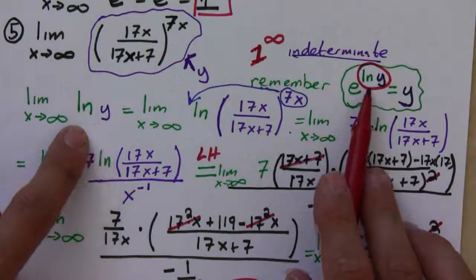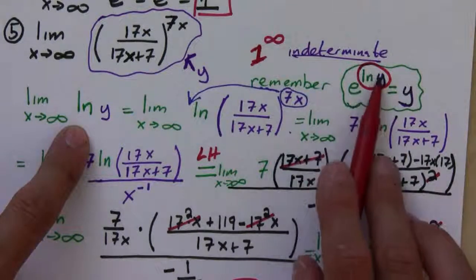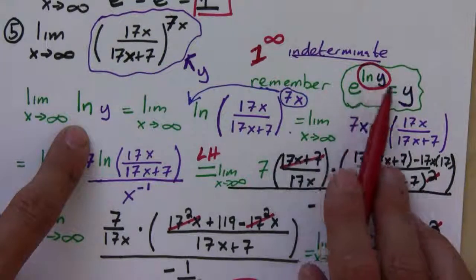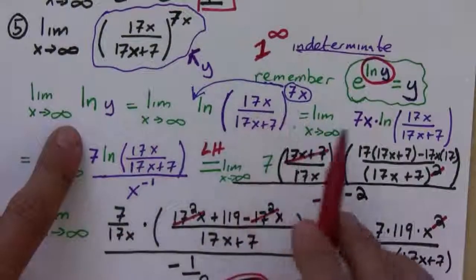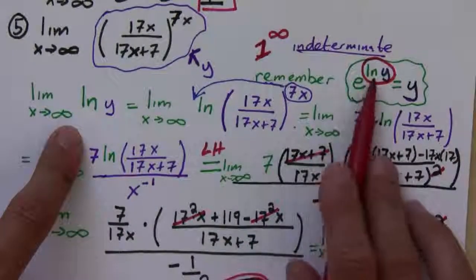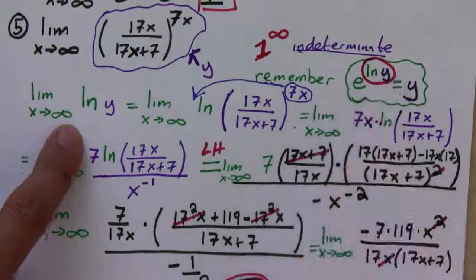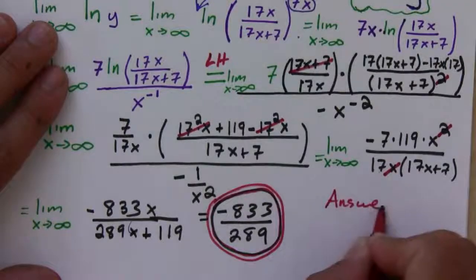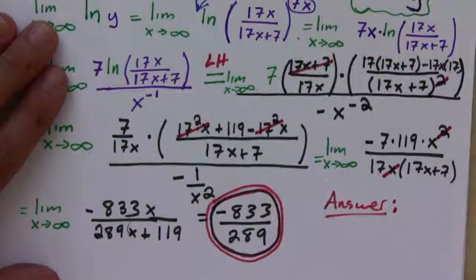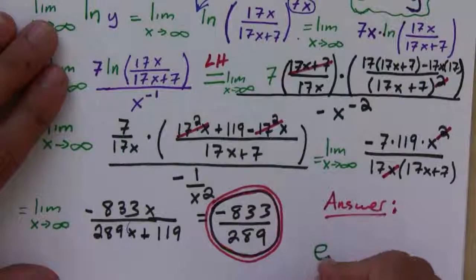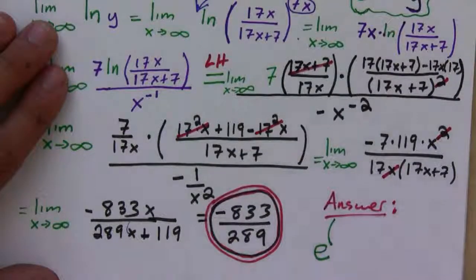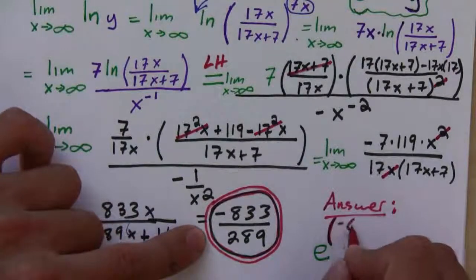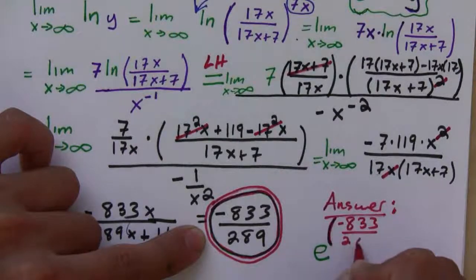So we just found the limit as x goes to infinity of natural log of y, but what we're really looking for is y. But we know that the limit as x approaches infinity of y is the same as the limit as x approaches infinity of e to the natural log of y. And so our answer in the end is going to be simply e raised to this guy that we have in our red box right here, negative 833 over 289.